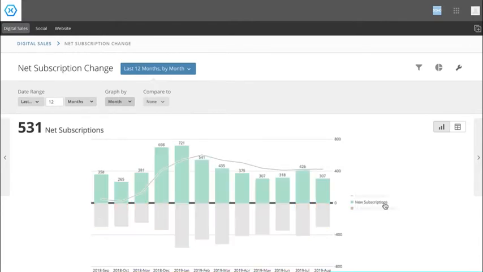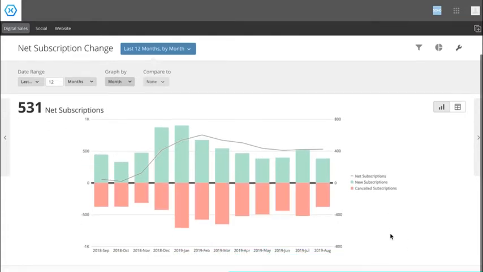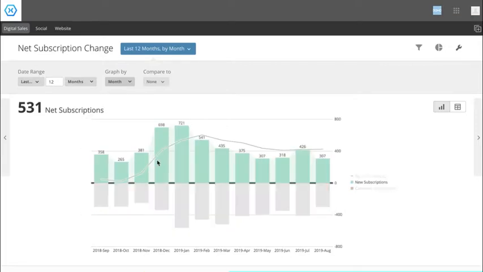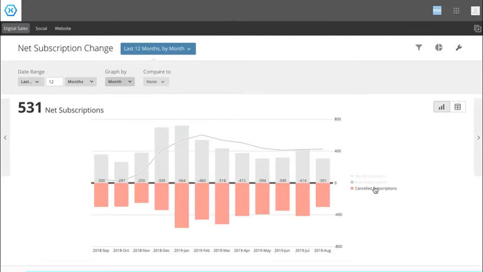And again, we see this pretty big growth in December, January, late last year, start of this year. But with those big growth spike months, we actually see that the cancellation rate started in January as well. So our downward trend, we started to see a lot more cancel in that month.